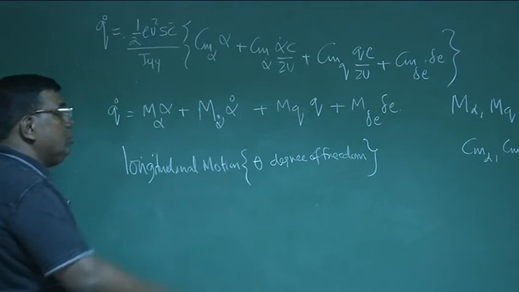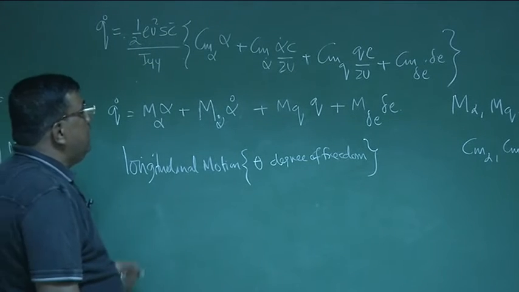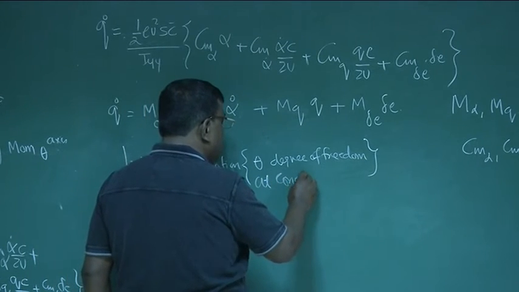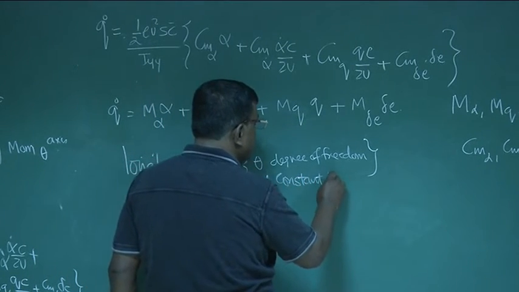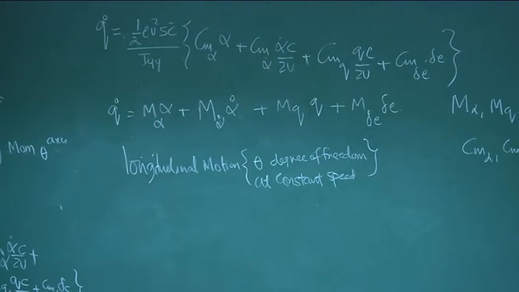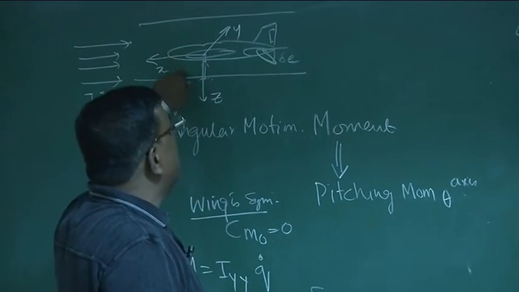So no plunging motion is allowed. And we are also implicitly assuming constant speed, or velocity, because we are simulating a case of pure pitch, which can easily be simulated in a tunnel.